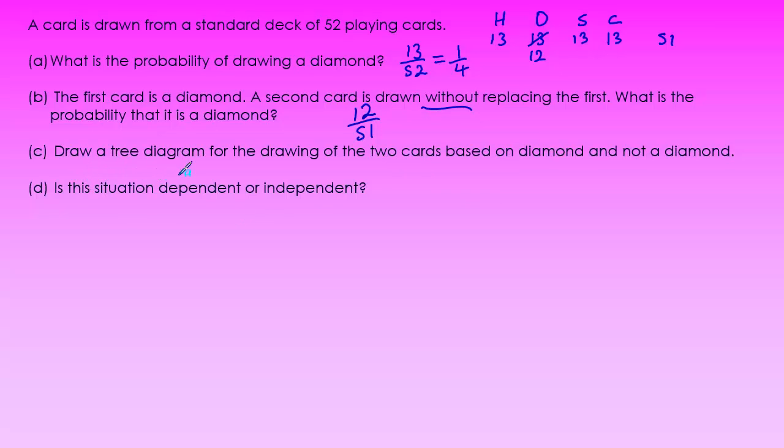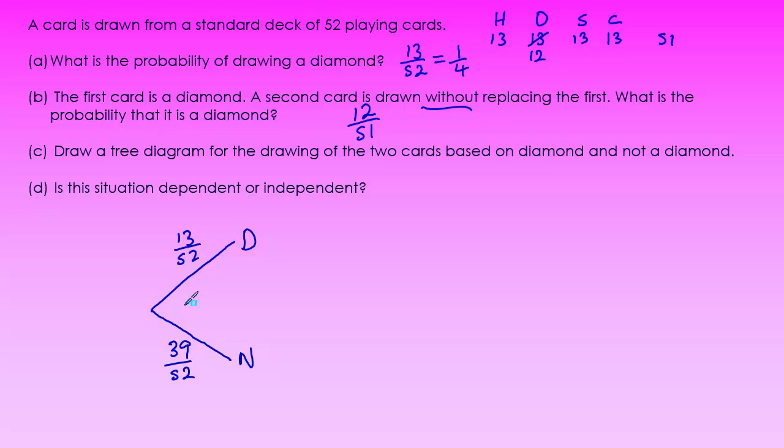We want to draw a tree diagram for the drawing of the 2 cards based on diamond and not a diamond. So, diamond, not a diamond. So we know this one is 13 out of 52 for the first card, and then this one must be 39 out of 52.